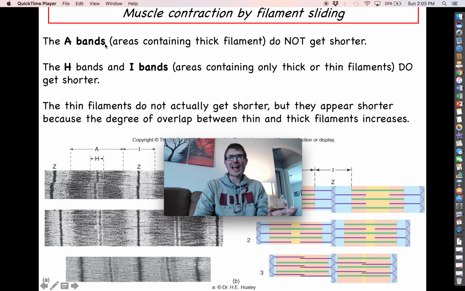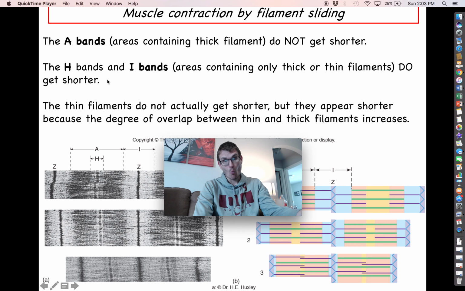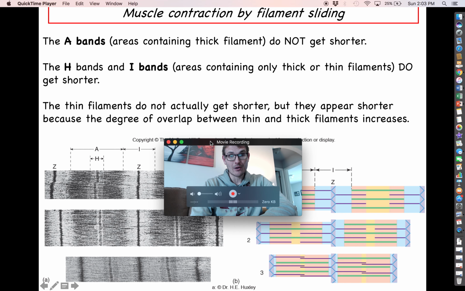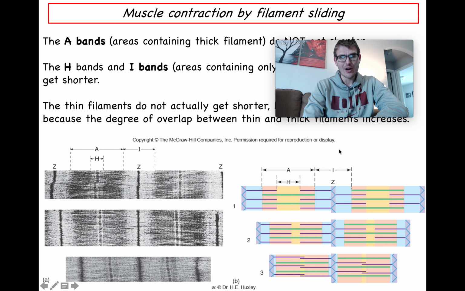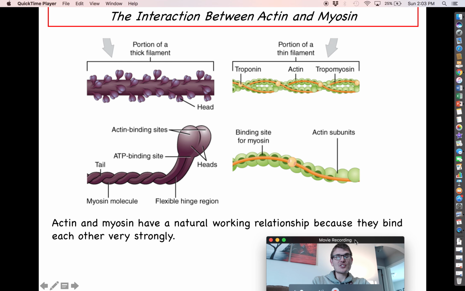So that doesn't really change the A-band at all. But you did notice that the H-bands and the I-bands, the areas that only contain one filament or another, do get shorter. So they are going to appear to disappear as the muscle becomes progressively more and more contracted.